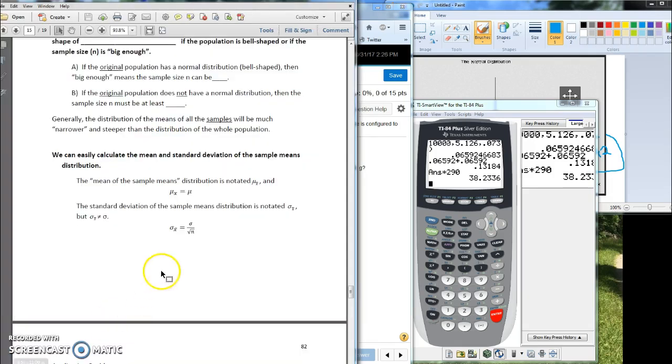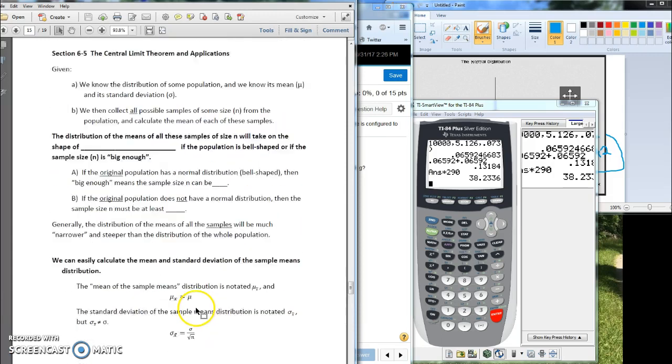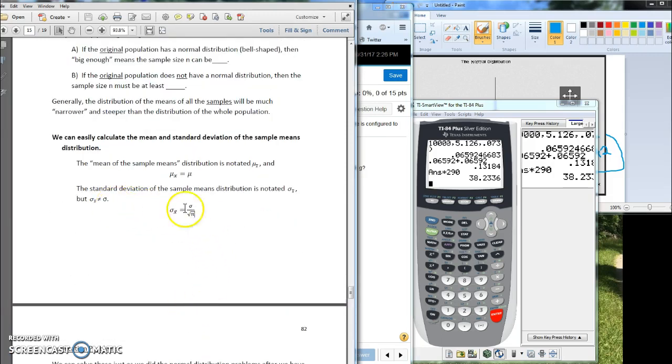When I take a look at the chapter 6.5 notes, you can see that the mean is going to remain the same, but our standard deviation is now going to be the old standard deviation divided by the square root of the number that I'm going to sample.